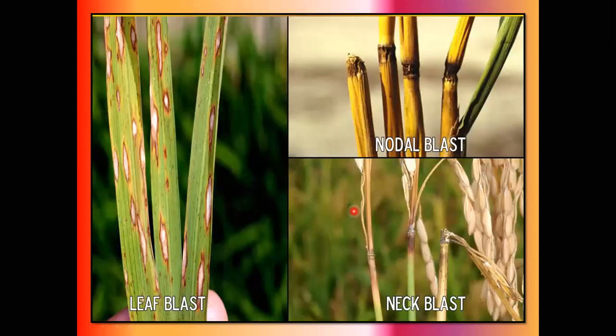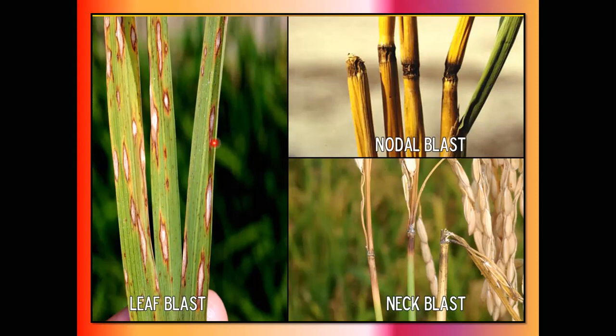Now we discuss which types of symptoms are produced on the rice plant due to the blast pathogen. This fungus attacks the rice crop at all stages from seedlings, so it is majorly seen in the nursery as well as in the main fields.